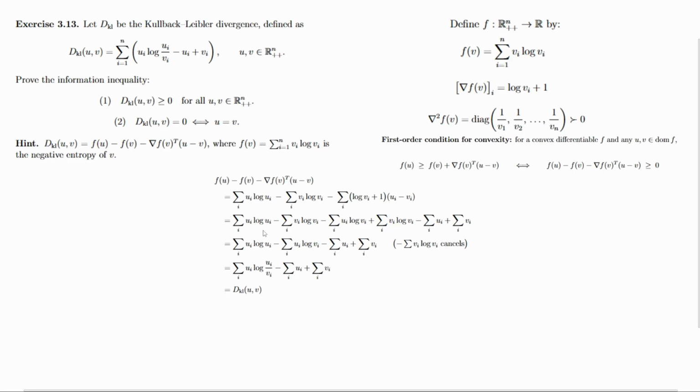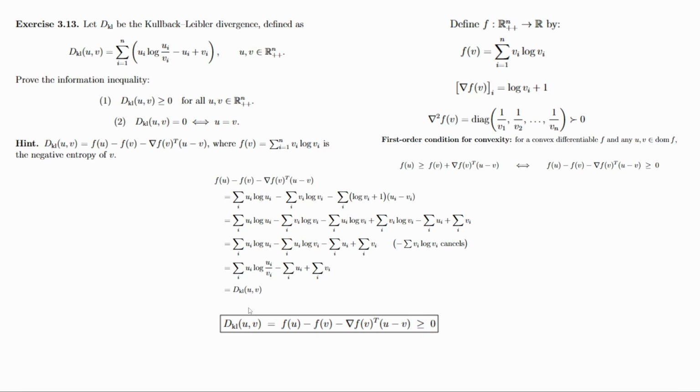Just doing some algebra here, I'm not going to go through every detail, but you can see that this term is indeed equal to the KL divergence. So since from the first order condition this expression is greater than or equal to 0, and this expression is equal to the KL divergence, we must conclude that the KL divergence is also greater than or equal to 0. So that proves the first part of the problem.